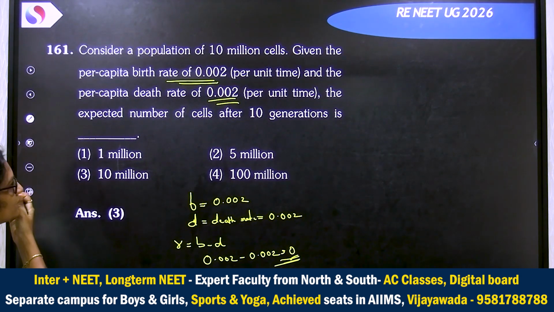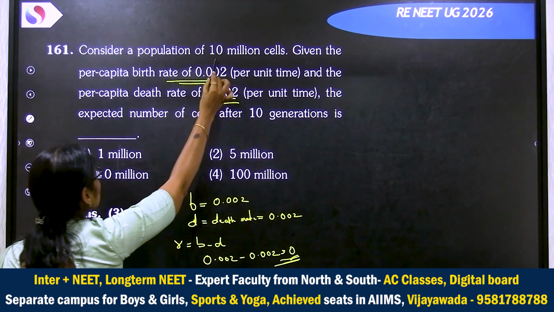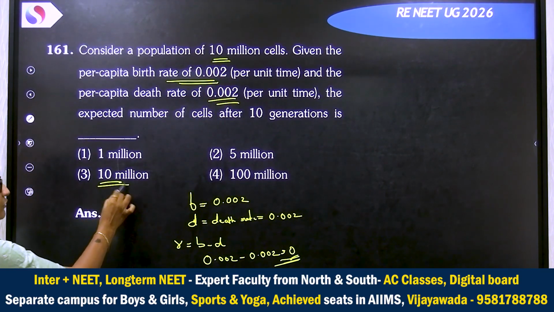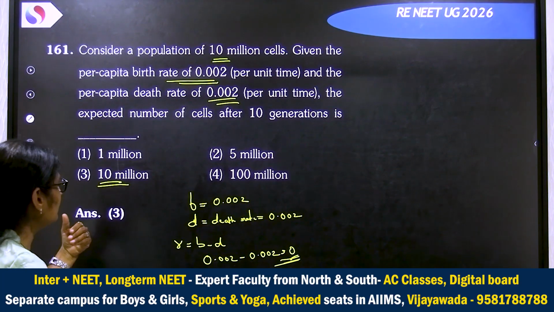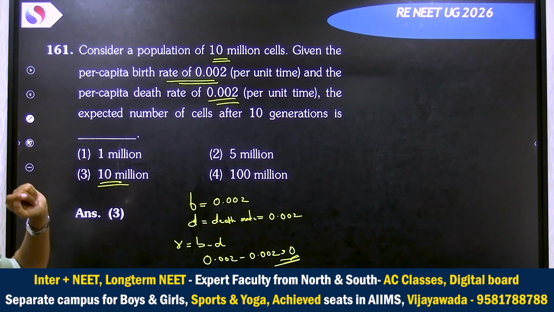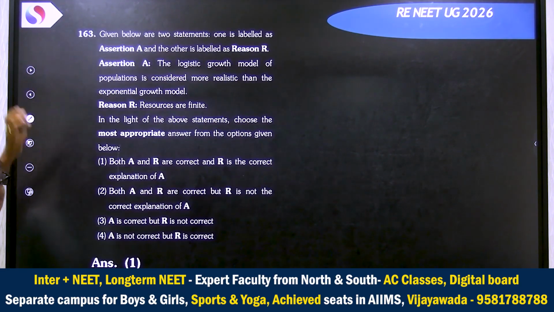The expected number of cells after 10 generations will be the same as the initial number, because the birth rate matches the death rate. So irrespective of the number of generations, our answer will be 10 million. Even if they give us 15 generations, our answer will be 10 million cells only. So the correct answer there is the third one.